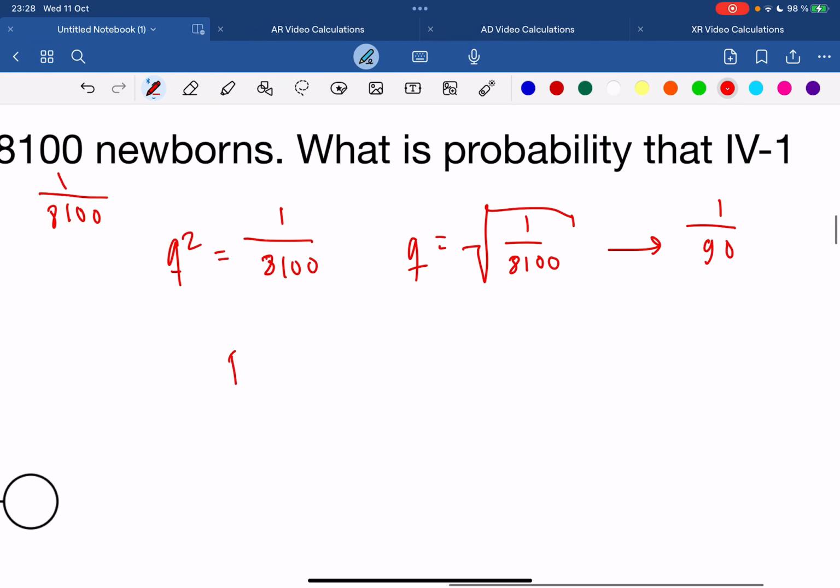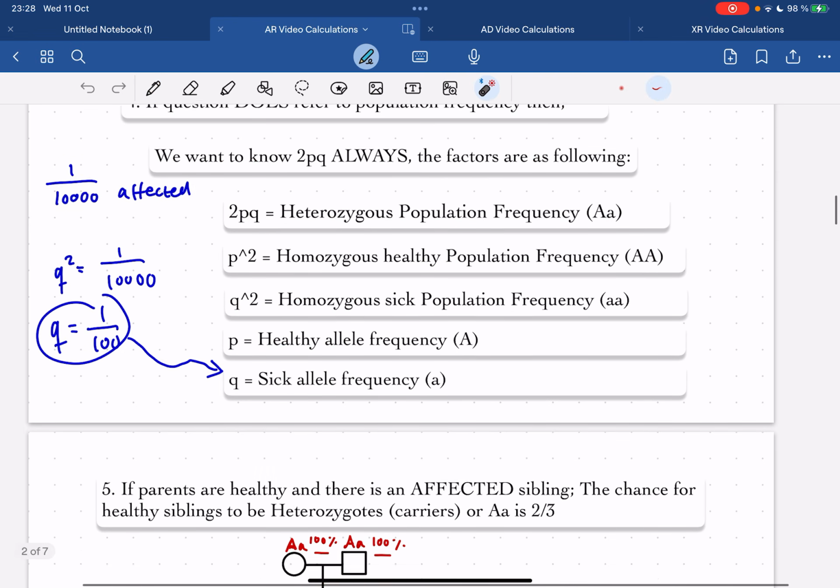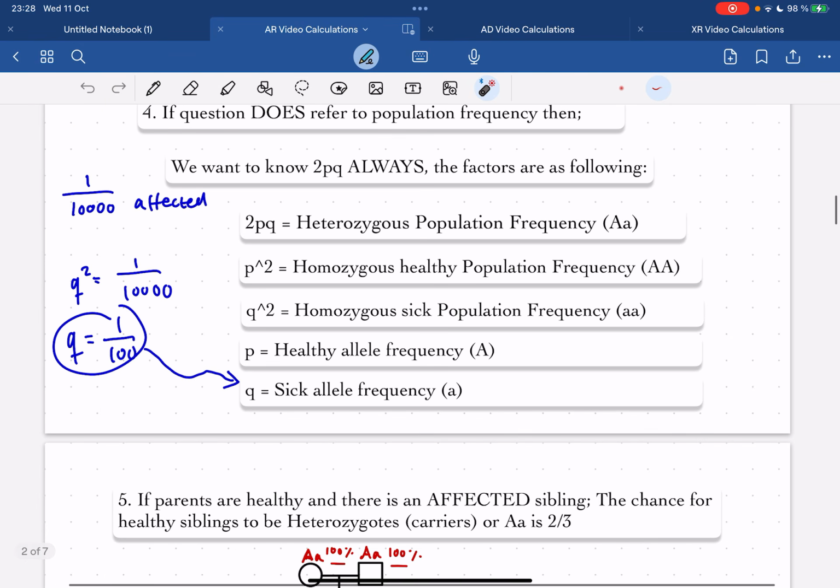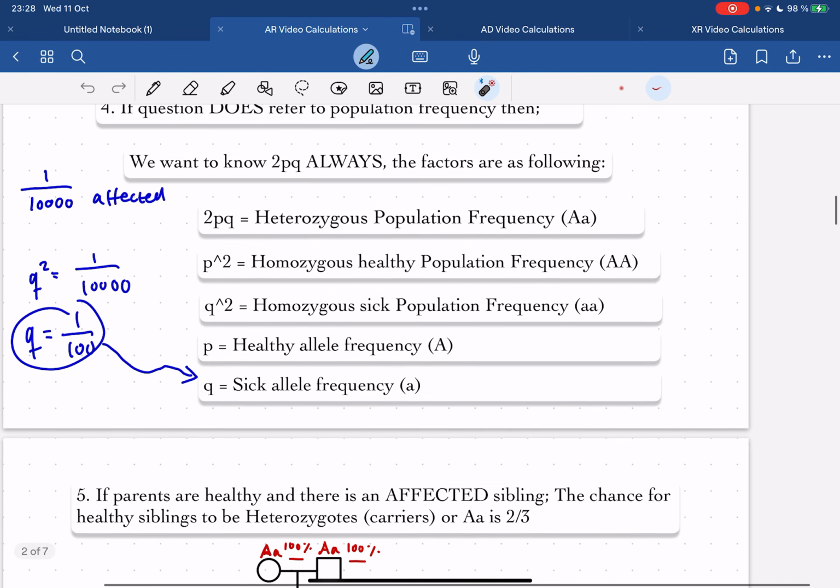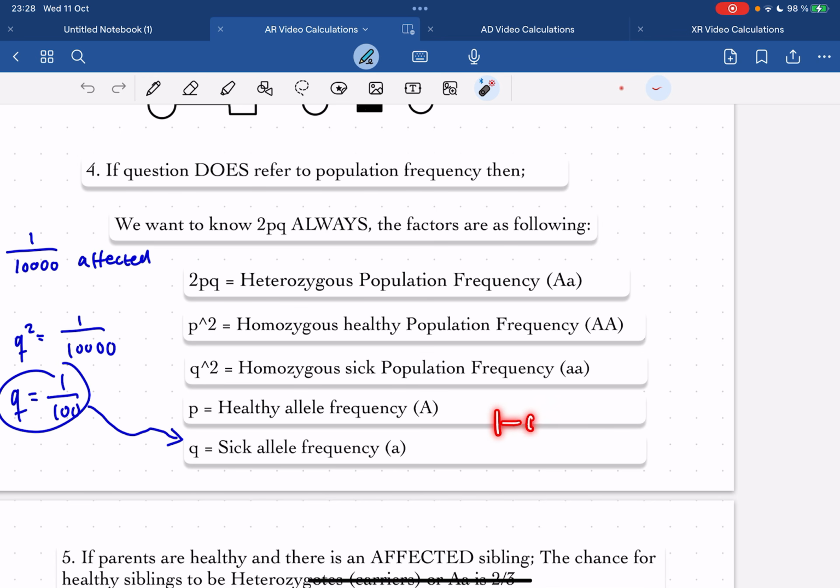So P is equal to 1 minus Q. I did not write that down, so that's unfortunate. But 1 minus Q equals P. P plus Q equals 1, so you can write it down as 1 minus P equals Q as well.